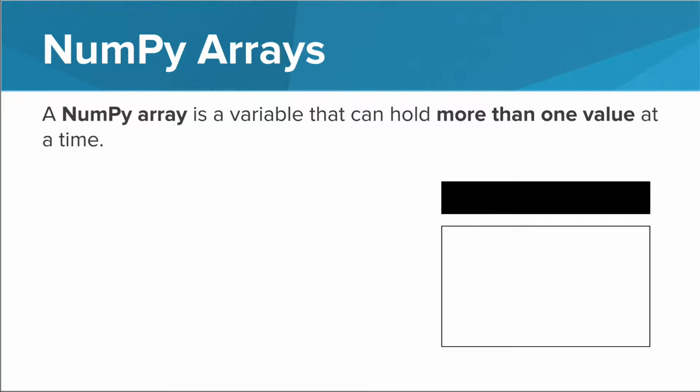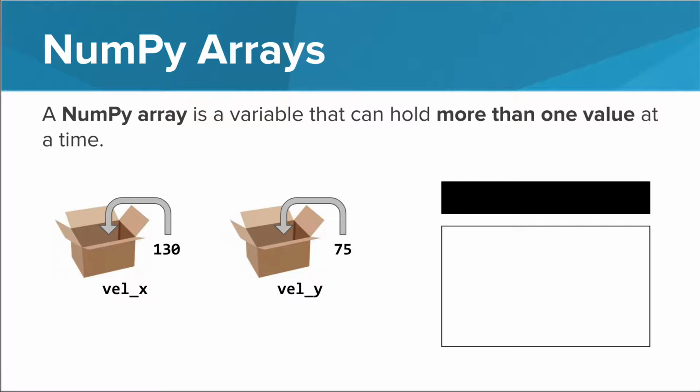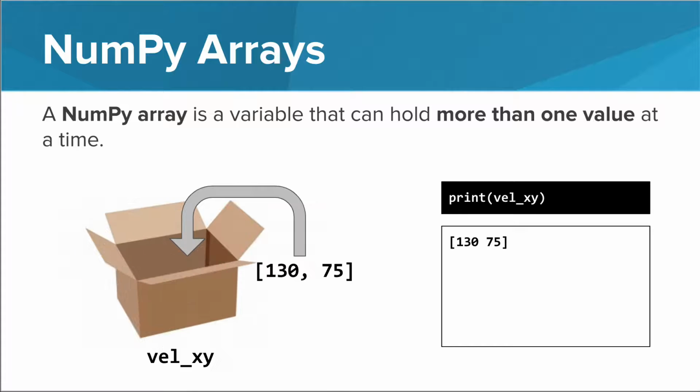The NumPy library gives us another variable type that is very useful when working with vectors, the array. The NumPy array is a variable that can hold more than one value at a time. For example, instead of always having to keep track of two variables for the x and y components of a velocity vector, we can use an array and store them both in the same place.